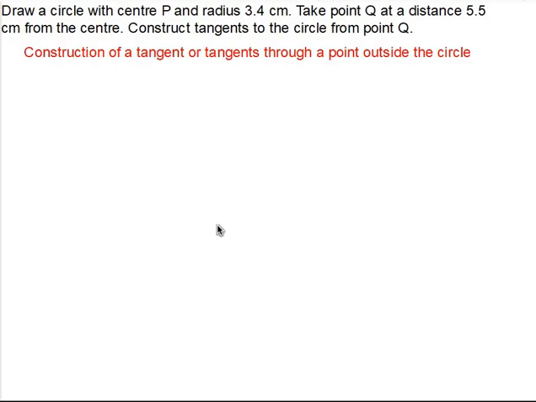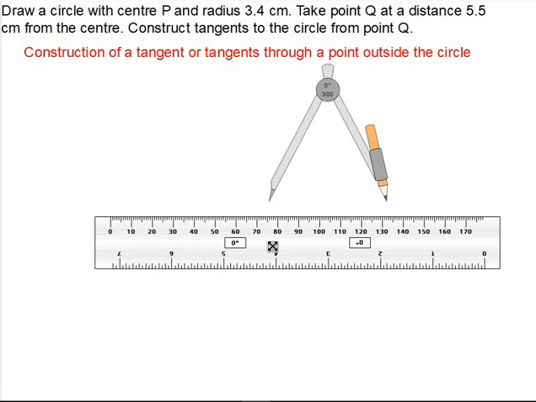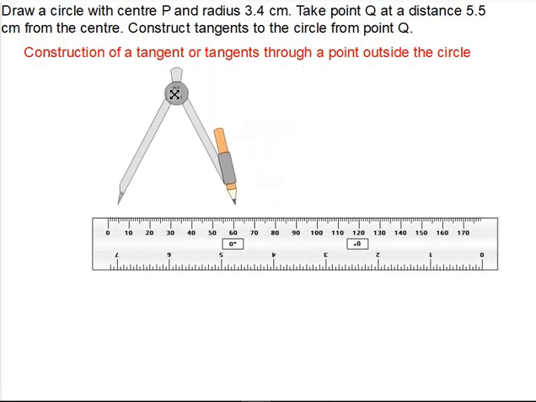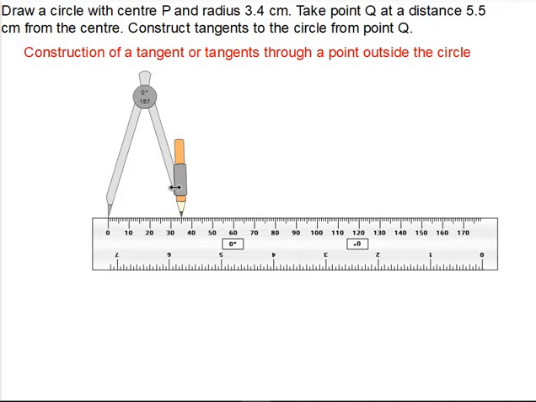First, we construct a circle of radius 3.4 centimeters. So here we take a scale, and in that scale we take distance 3.4 centimeters.